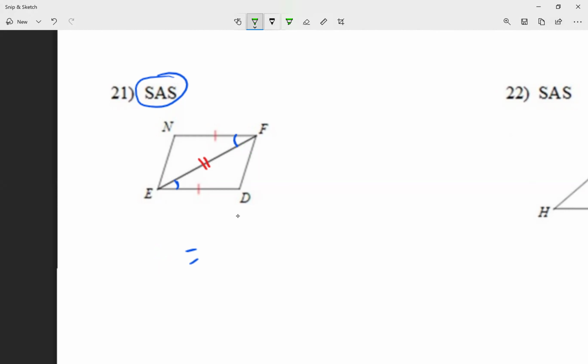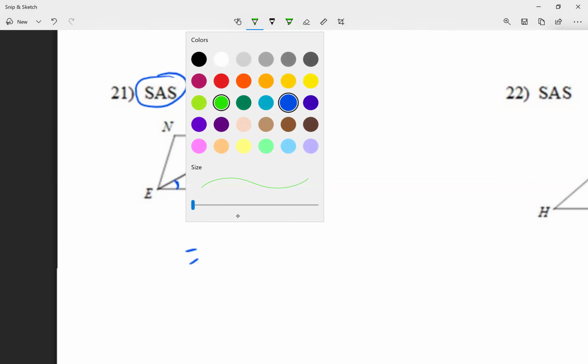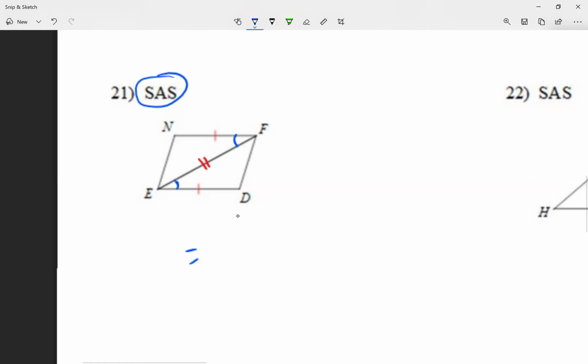In this case, I'm gonna use the three letters of that triangle, leaving F in the center. So I'm gonna call this NFE, and for the other triangle, I'm gonna call it DEF. So the lazy way doesn't work when there are multiple angles at one corner.